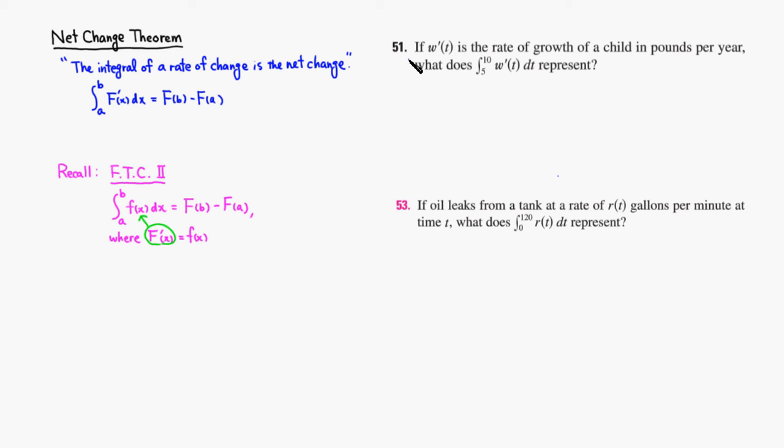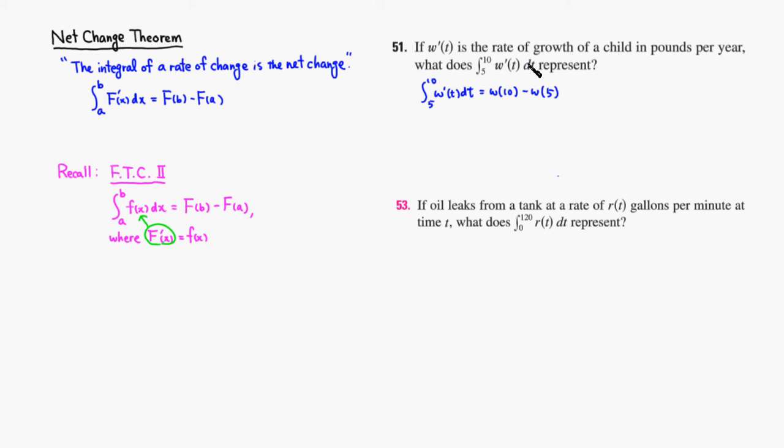What does the integral from 5 to 10 of W prime of t dt represent? Using the net change theorem, we can rewrite it as W of 10 minus W of 5.